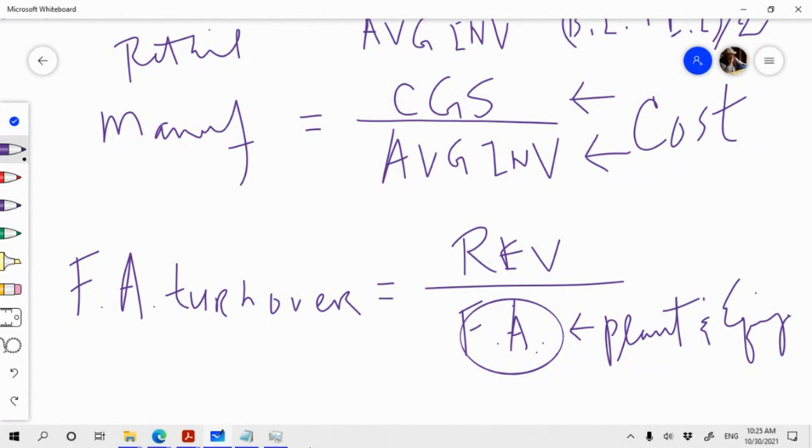To put it another way, the file cabinet worked very hard and made a lot of contribution to the lawyer's revenue.